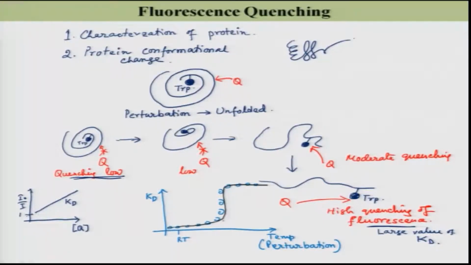By looking at such a feature, you can comment that the unfolding of this protein when you raise the temperature is a two-step process. Here is your native state, this part is your native state, and this part is your denatured or unfolded state.